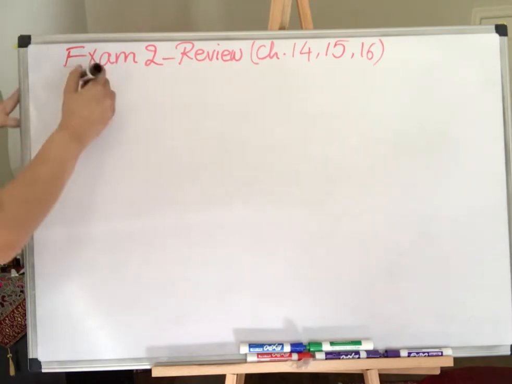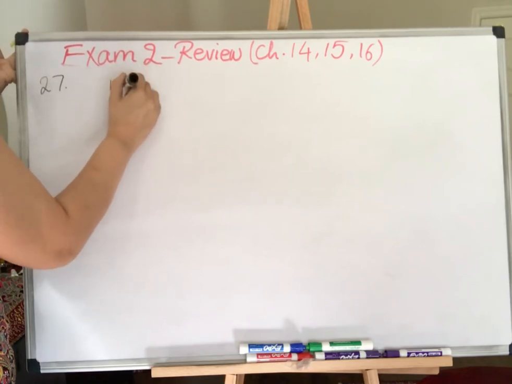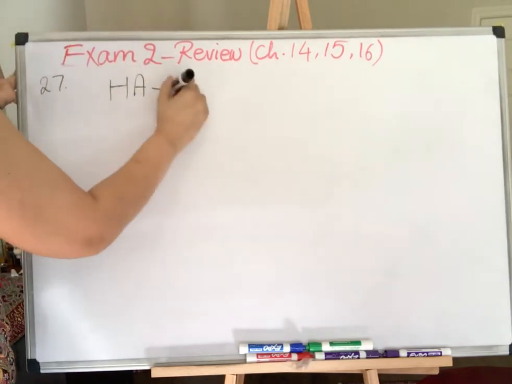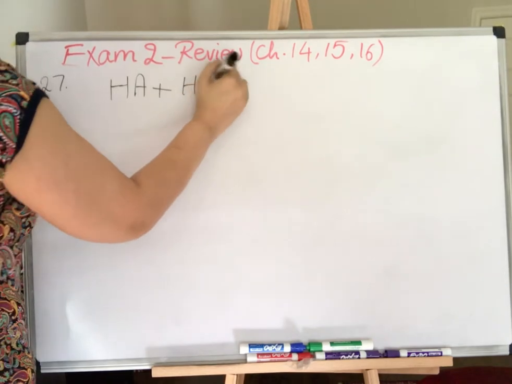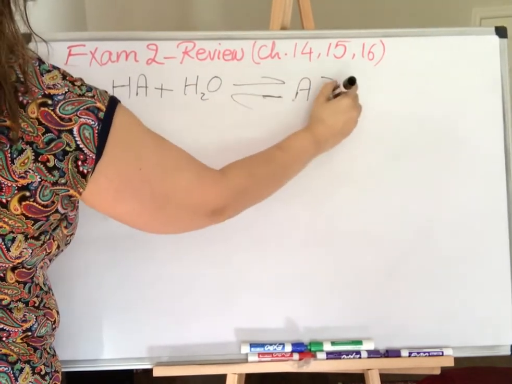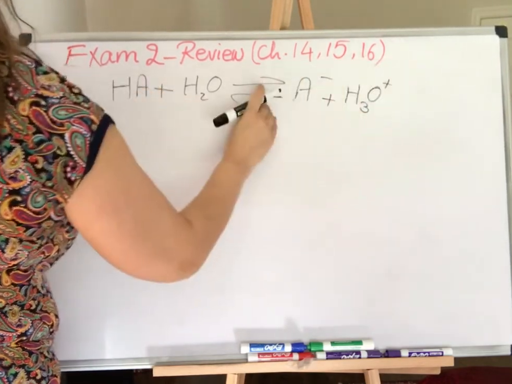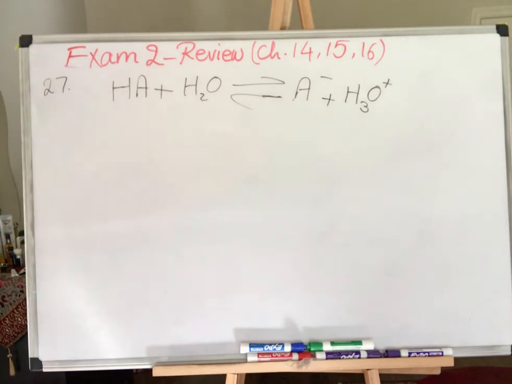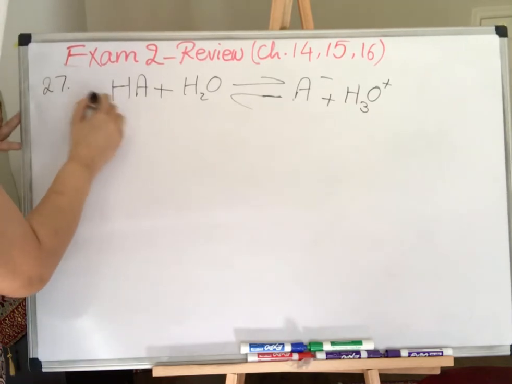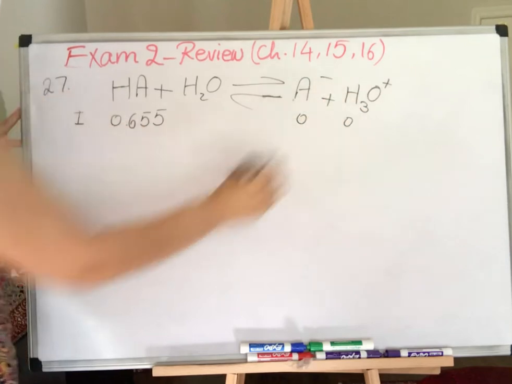So for a weak acid, since the beginning of this concept, I told you to use HA plus H2O gives A negative, its anion, plus H3O plus. So the concentration is 0.655 molar initially, and 0 and 0.